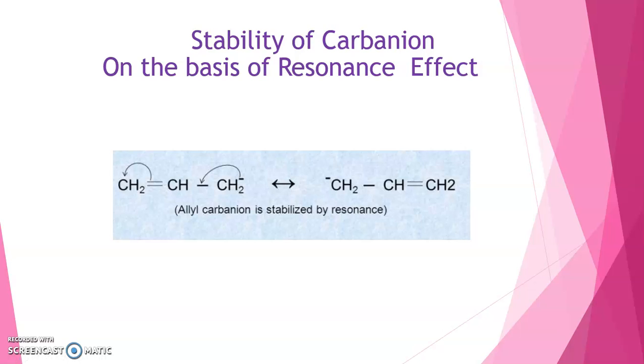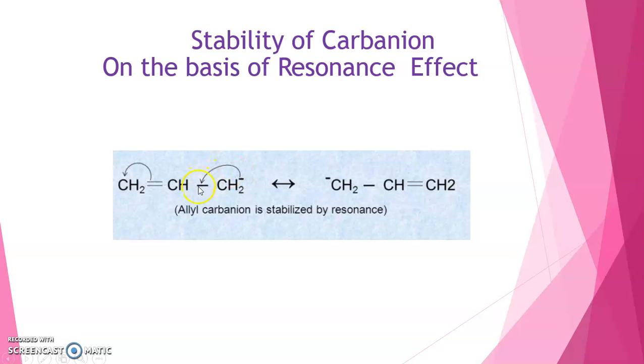Similarly, with the help of resonance effect, we can explain the stability of allyl carbanion. If CH3-CH-CH2 negative group is there, it is known as propyl carbanion. But if a double bond is there, this is an allyl group. Now this allyl group achieves extra stability as compared to propyl carbanion because of the resonating structure.